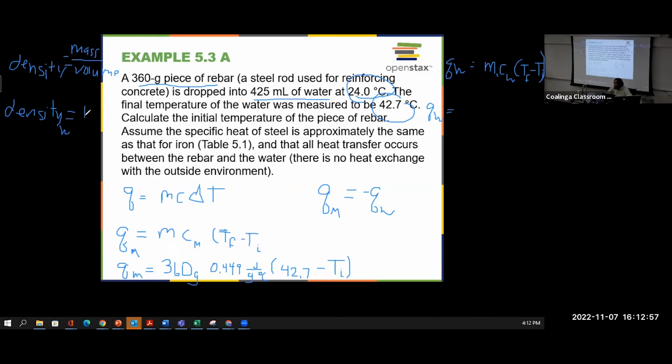The density of water is 1 gram per milliliter.